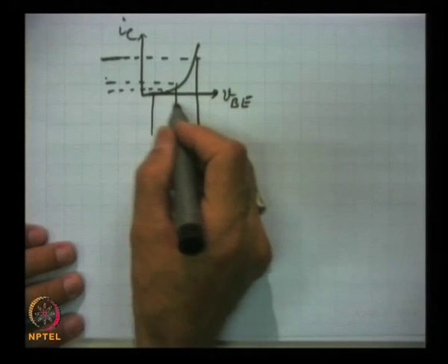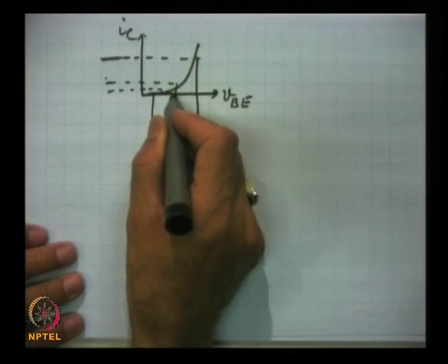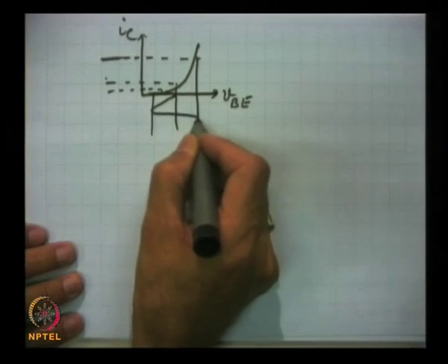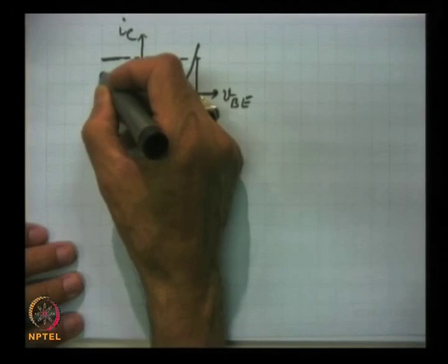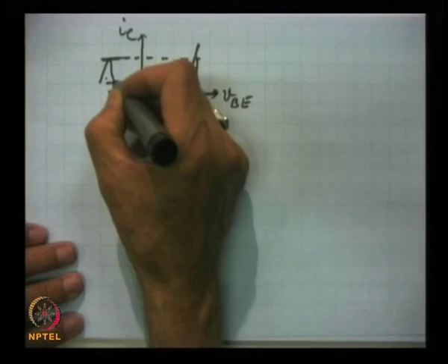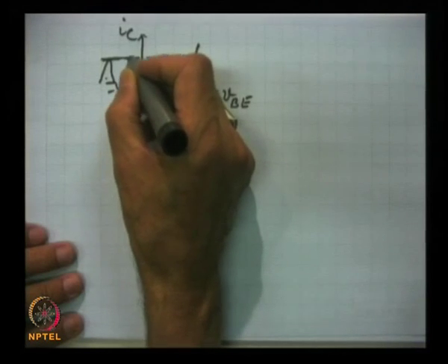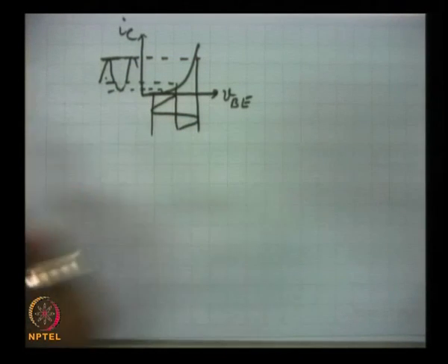See the different regions of the input voltage, they will give rise to different asymmetric output currents, and this is the net distortion.